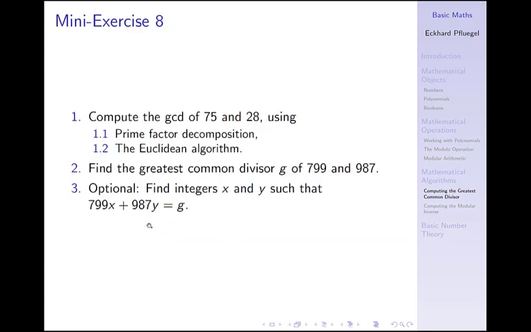So now you can do mini exercise 8, where I want you to compute the GCD of 75 and 28. You're going to compare and contrast, first of all, the school method using prime factor decomposition, where you write 75 and 28 respectively as a product of powers of prime numbers.